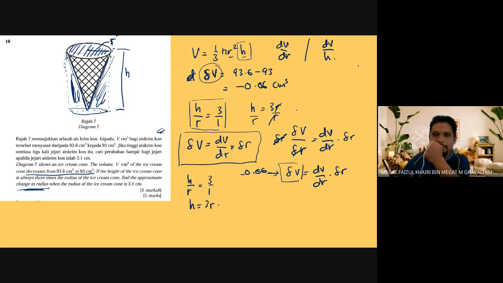We are going to change h in terms of r. So I'm going to change this. r equal to, okay, from here we get r equal to h over 3.